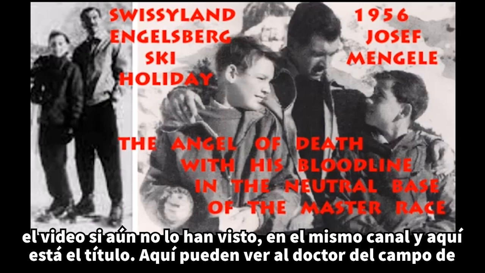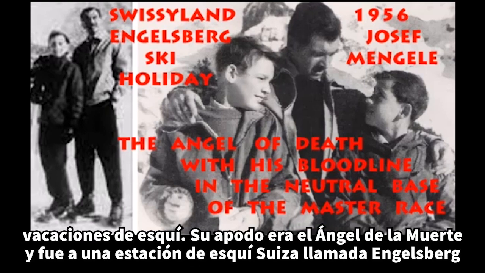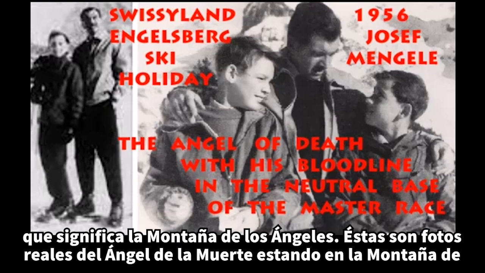So here you can see the camp doctor of Auschwitz, Dr. Josef Mengele, on a holiday 11 years after the war, in Swaziland, of course, going on a ski holiday. His nickname was the Angel of Death, and he went to a Swiss ski resort which was called Engelsberg, which means the mountain of the angels.